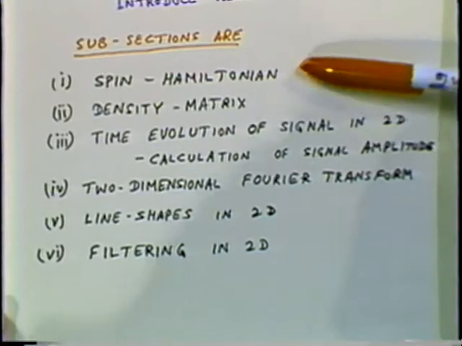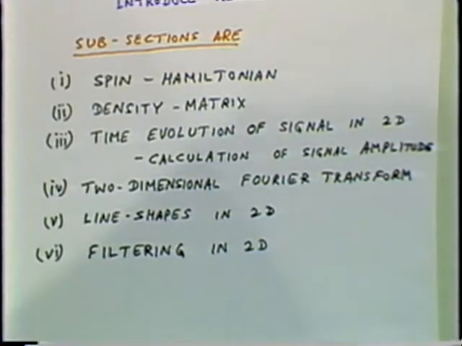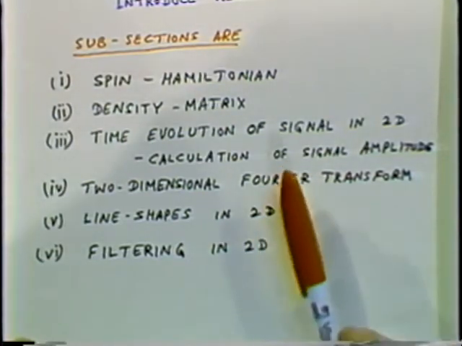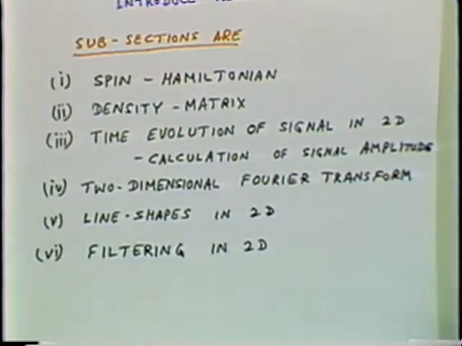In the first one I'll briefly tell you what the spin Hamiltonian is that we are going to use. I will introduce a little bit of density matrix, and then calculate the time evolution of the signal in a 2D experiment, two-dimensional Fourier transform, line shapes in 2D, and filtering in 2D. So basically, this is what we are going to do today.